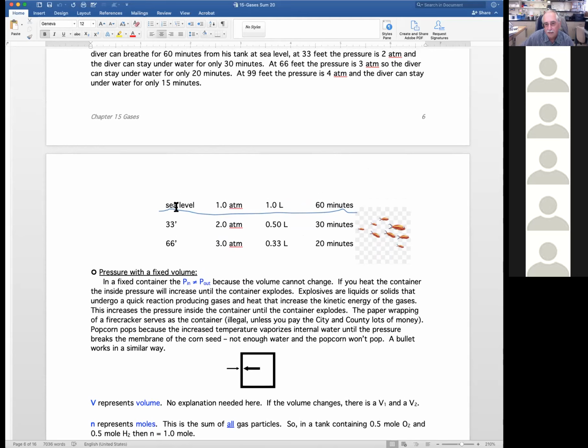If you could make that dive tank last for 60 minutes on shore, if you went down 33 feet where you have twice the atmosphere, when you open that up to ambient pressure, it's only half the volume. You got 30 minutes to stay underwater, and you run out of air. If you go down another 33 feet down to 66 feet, that's 3 atmospheres pressure. You get only 1/3 the volume. You got only 20 minutes to stay down there.